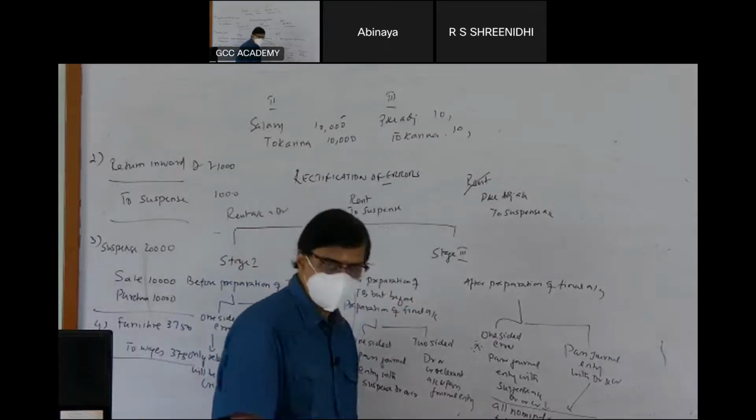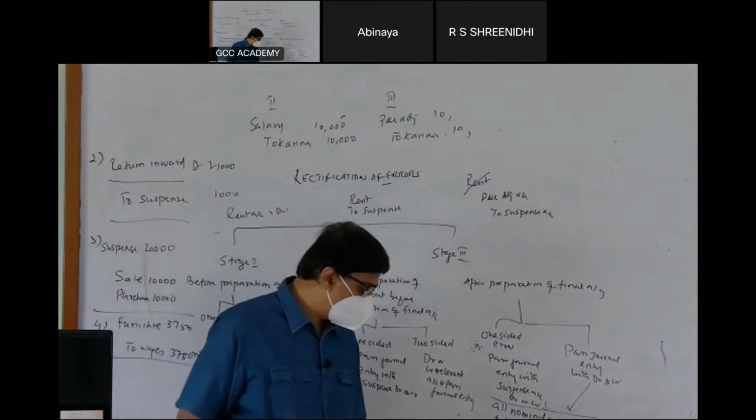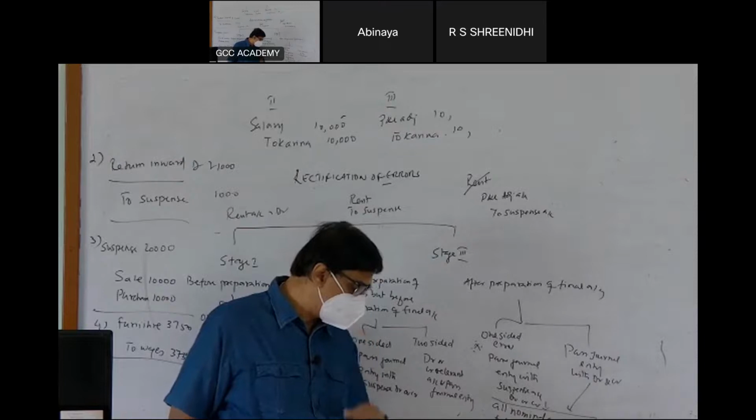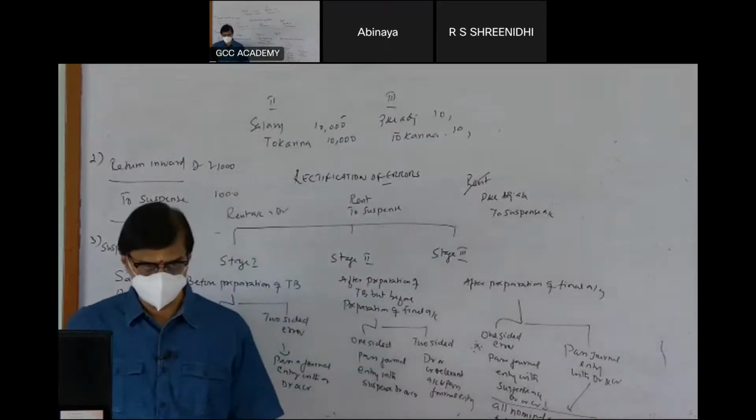Okay, carefully observe. A purchase of 6,710 has been posted to debit of creditors account wrongly.